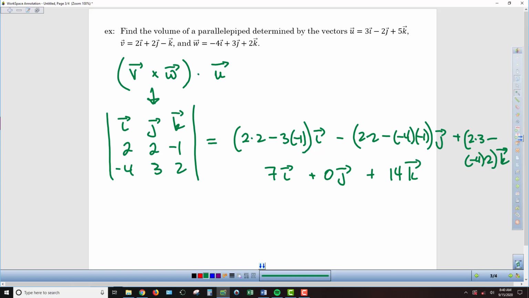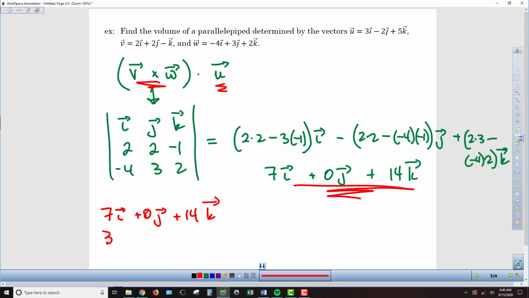So this is our cross product of v and w. And now I'm going to take the dot product of that vector with u. So I've got 7i plus 0j plus 14k, and my vector u, 3i minus 2j plus 5k.